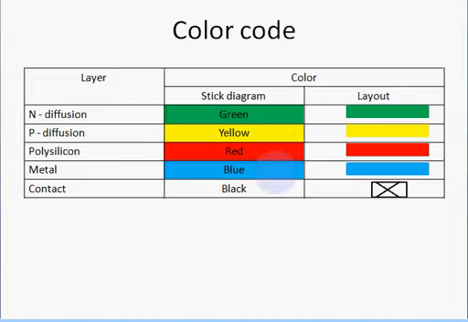For the metal it is blue, and for the contact we are going to use black. Actually we are going to use a cross in black color, and while drawing the layout the same colors are used. For the contact we use this particular kind of structure, a square, and inside the square we have a cross.